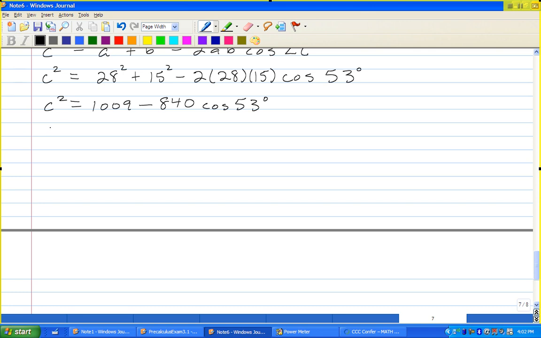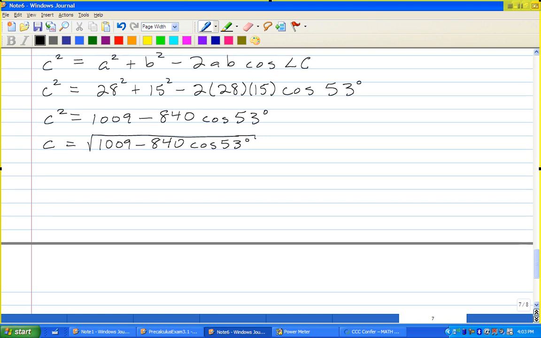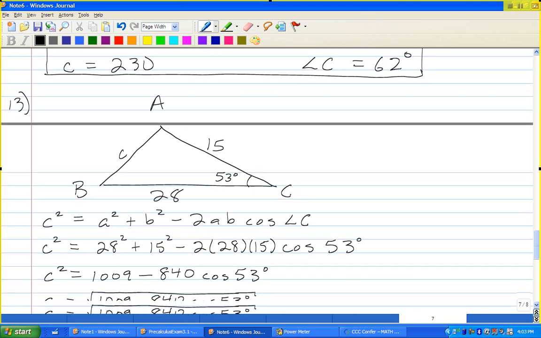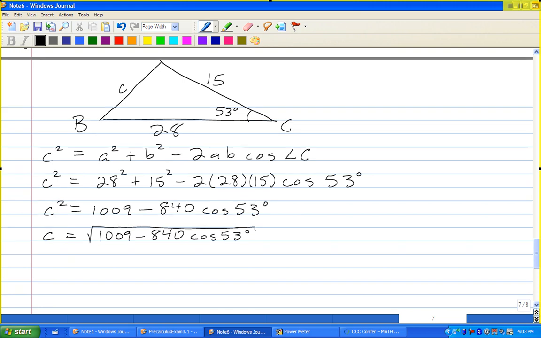And so I have C is equal to the square root of 1009 minus 840 cosine of 53 degrees.